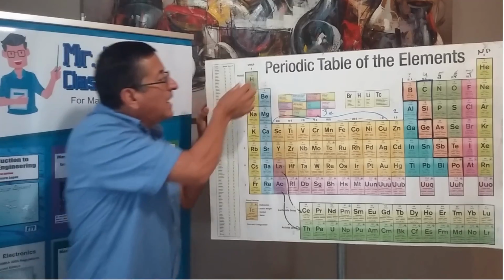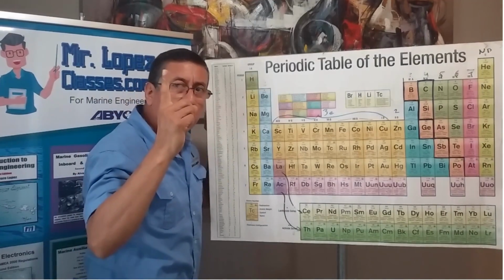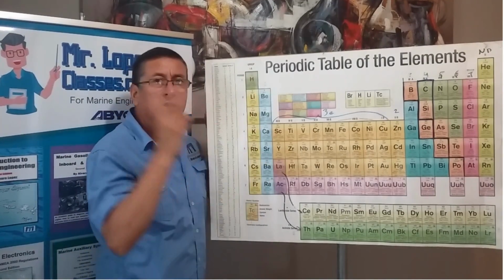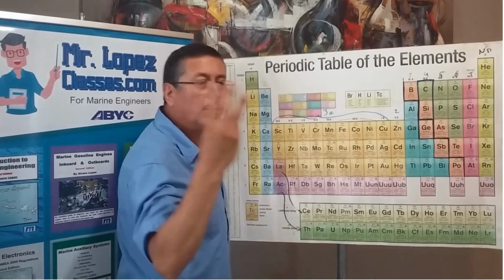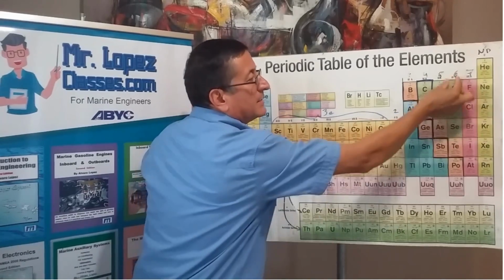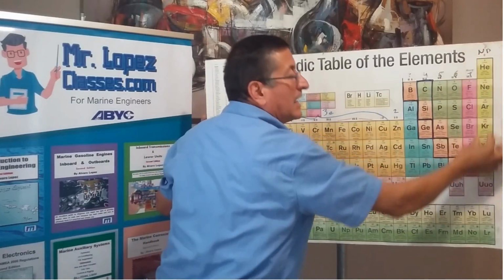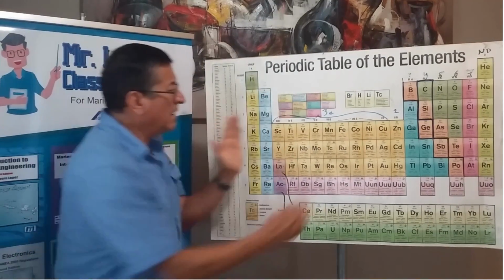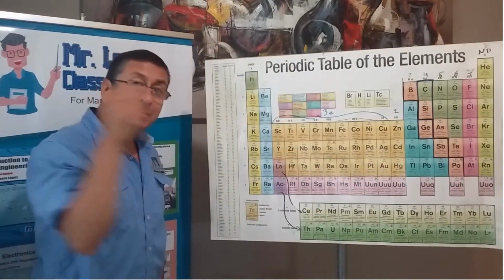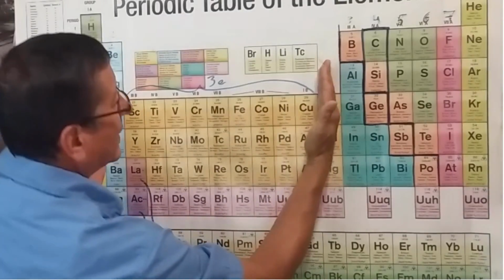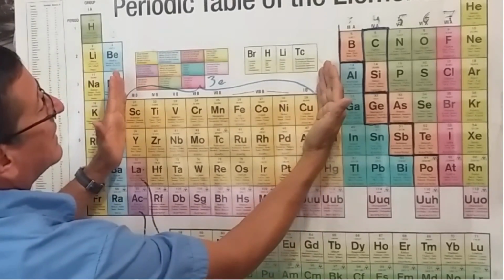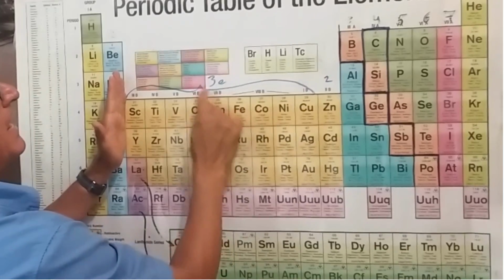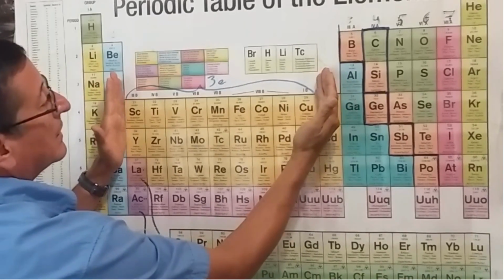The elements located here have only one electron in the last orbit. Here, 2. Here, 3, 4, 5, 6, and 7, and the noble gases have 8 in the last group. What about this group? The elements located in between this and this work with 3 electrons in the last orbit.